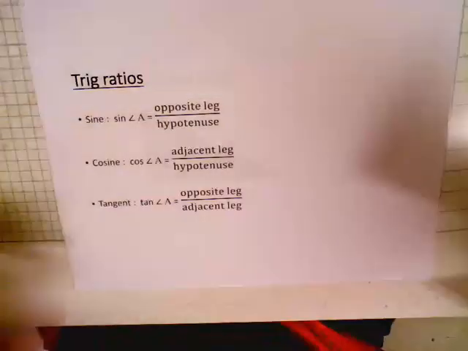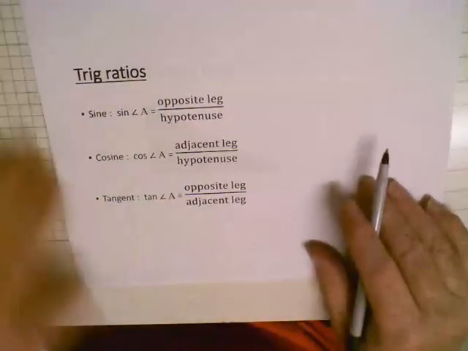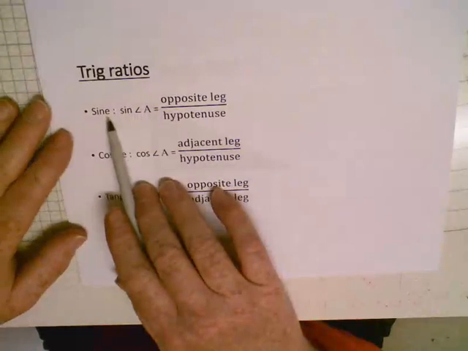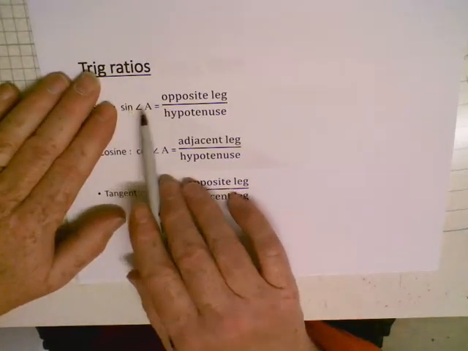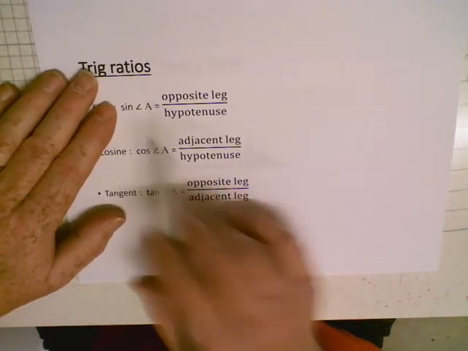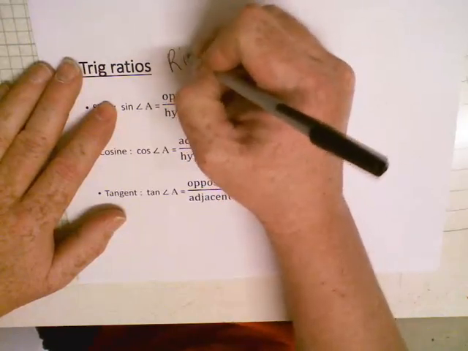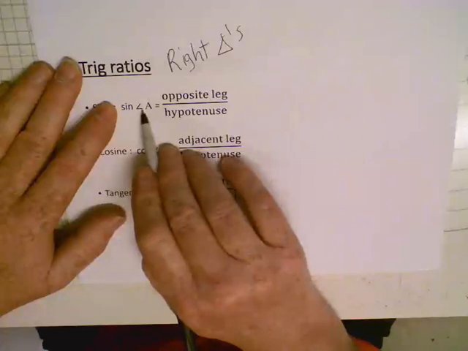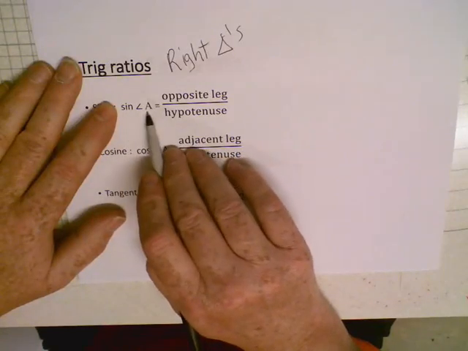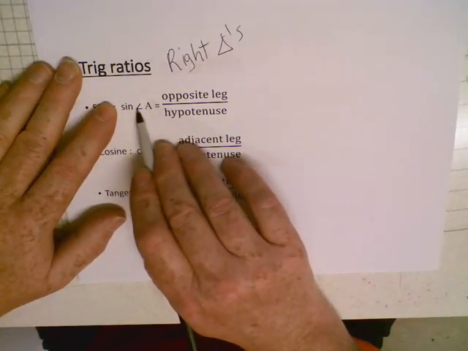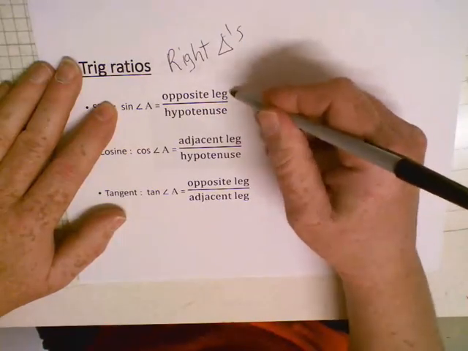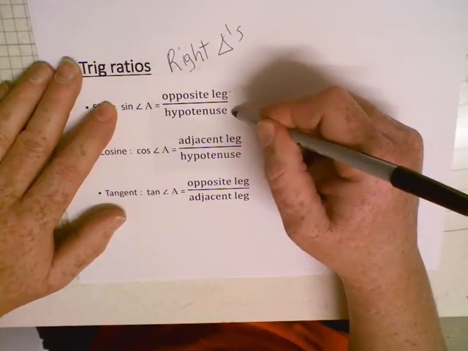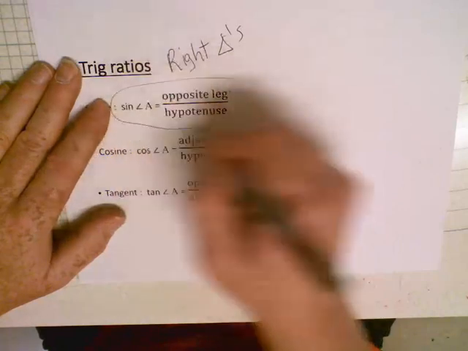So these are what the equations look like when we're doing this. Each time you set it up, you're going to say the sine of some angle in that right triangle. Remember, these always have to be right triangles. Here I just put angle A. The sine of angle A is always the opposite leg over the hypotenuse. And this is going to be our equation.